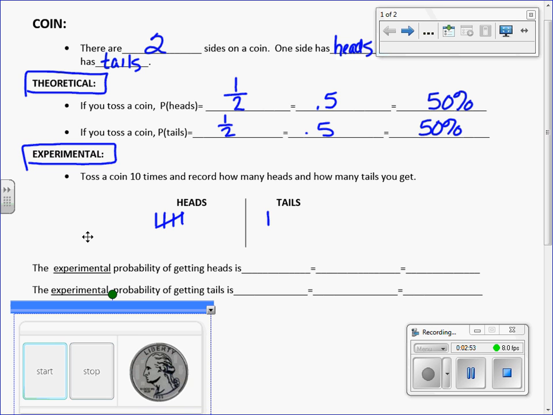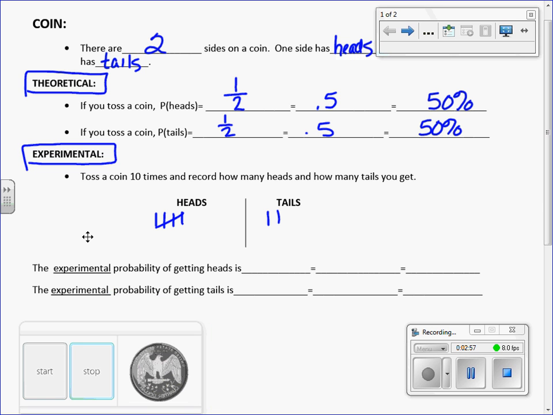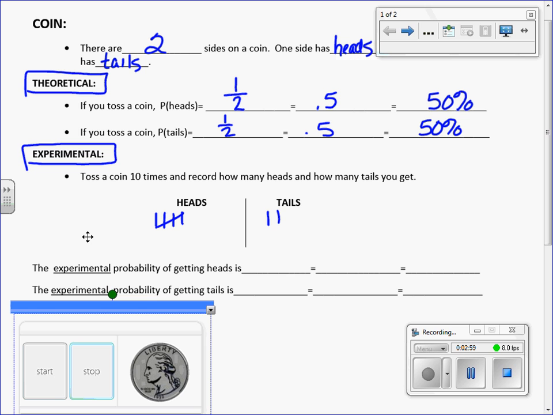Next time, tails. Next time, heads. Next time, heads. Next time, heads. I think that's 10. Okay.